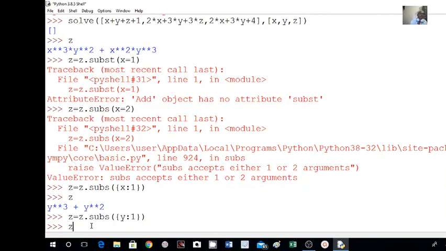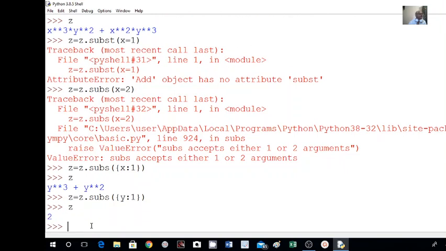Okay, z, I think its value is equal to 2, no? Yeah, it is equal to 2, right? These are some commands and maybe many commands are missing here. I think I have covered all those commands.